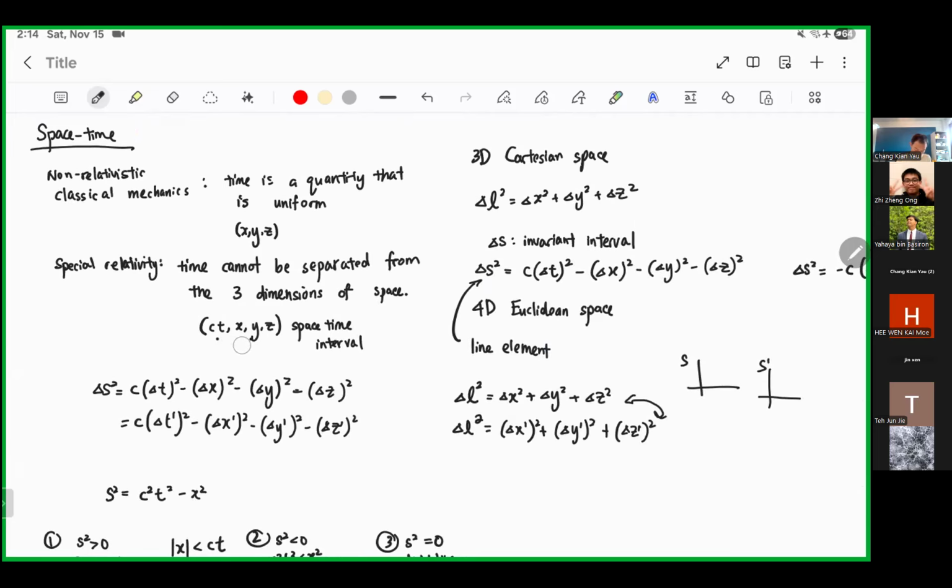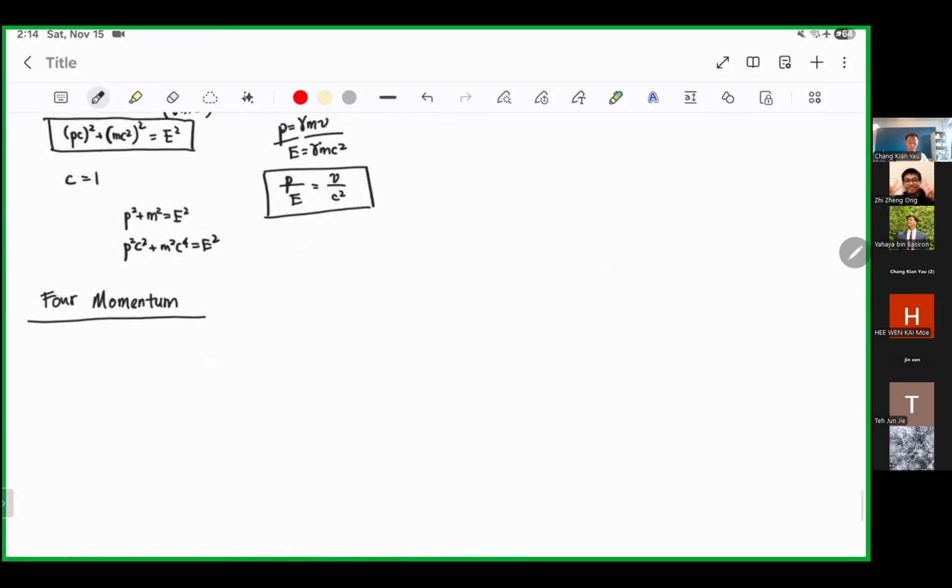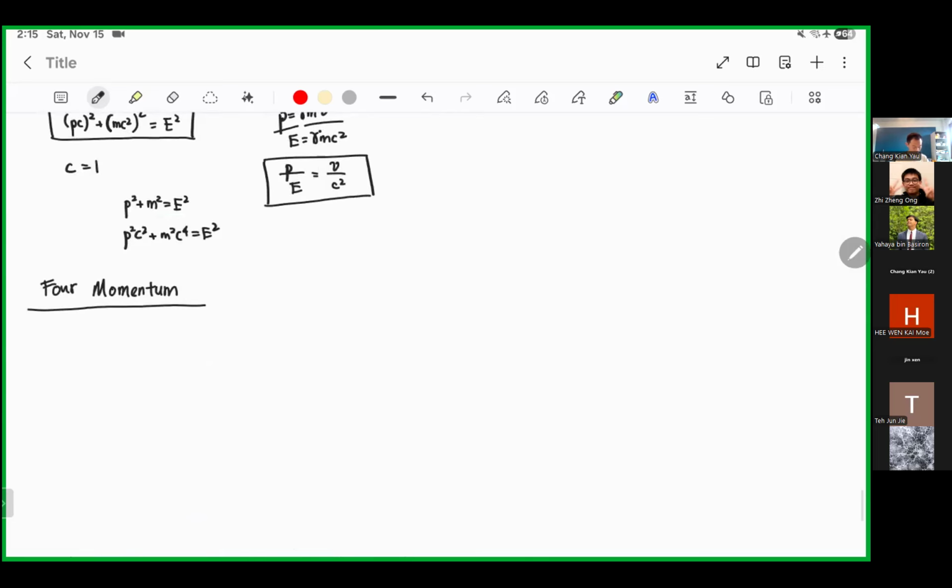Similarly, we can define a vector with four components with energy and momentum. They have their own Lorentz transformation. Basically, we define lots of these things called four vectors, and they obey their own Lorentz transformation.